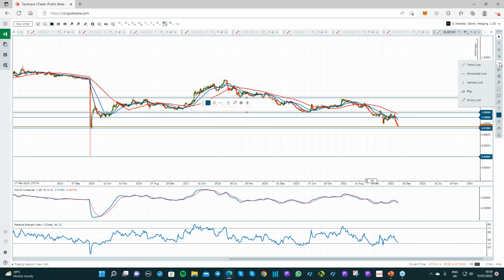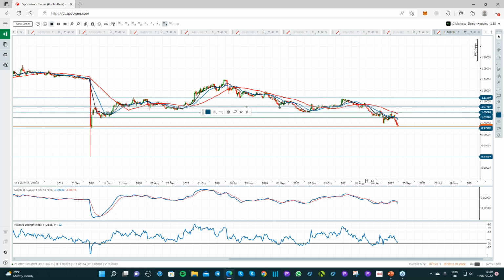There are really nice opportunities if we just keep an eye on all the support and resistance levels here. Support. Price didn't quite make it down there, but then it's acted as resistance along here as well. Support. So Euro Swiss is a really nice example to use.